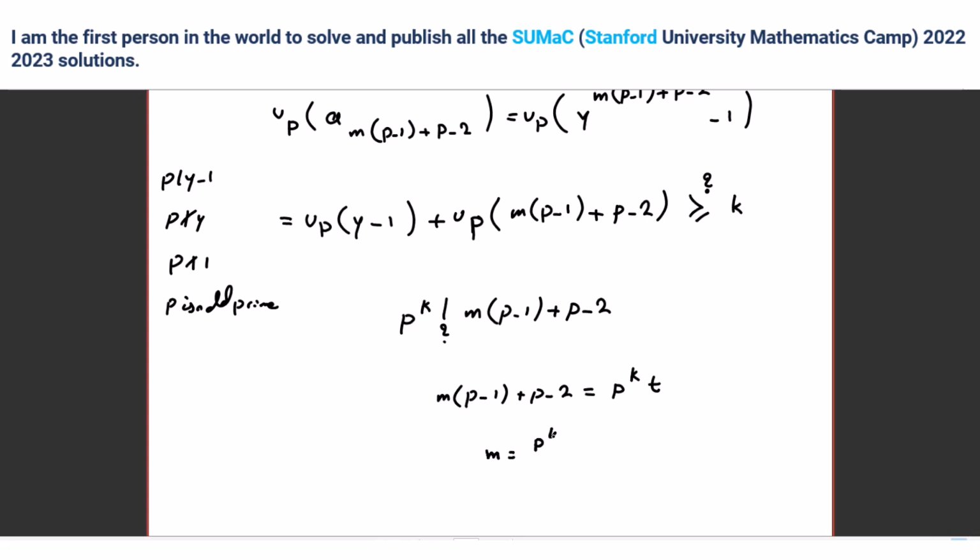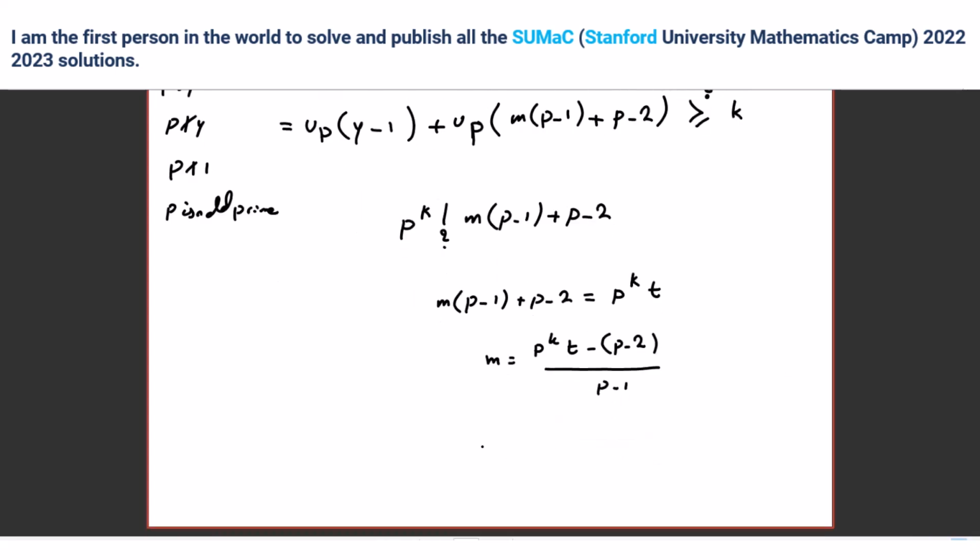M should be equal to p to the kt minus p minus 2 over p minus 1. So this one should be multiplied by p minus 1, right? Yeah, but this is the same as just saying p to the k times t is congruent to 1 mod p minus 1. P minus 2 is just p minus 1 minus 1. So it's just p to the k times t plus 1. It is t plus 1, right?